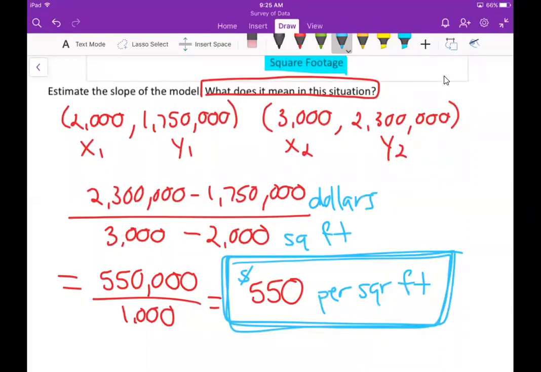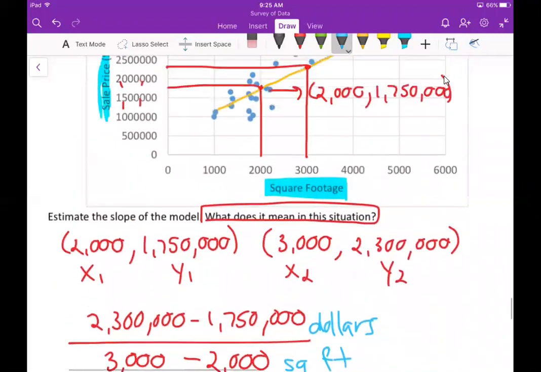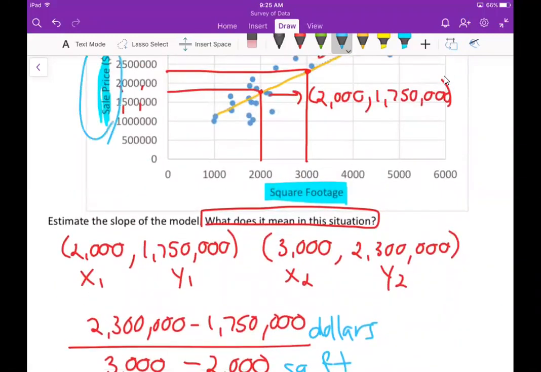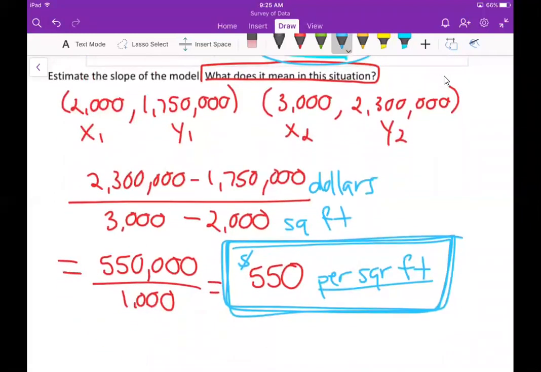So you can always find what it means in the situation by just taking the unit of the Y per the unit of the X. So now our model makes sense. We're estimating the slope of that line to be 550, which means we're estimating that rate of change to be $550 per square foot for this data.